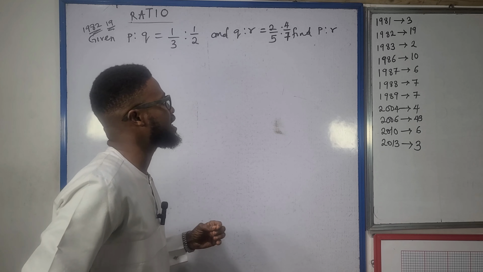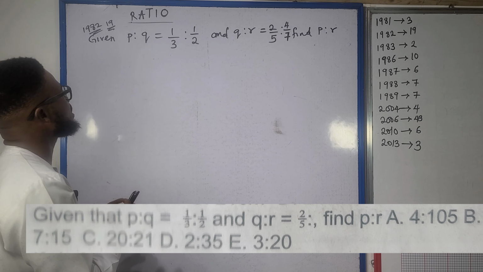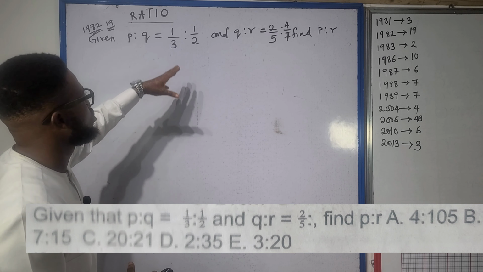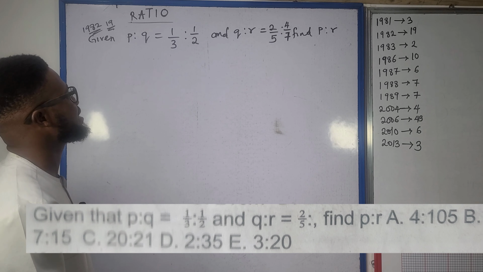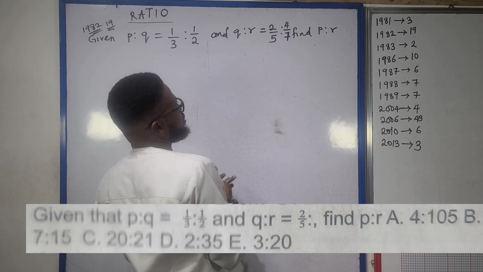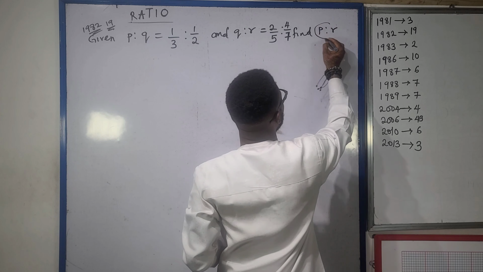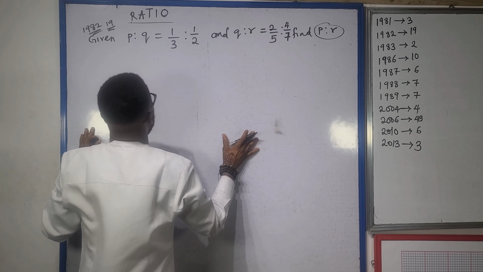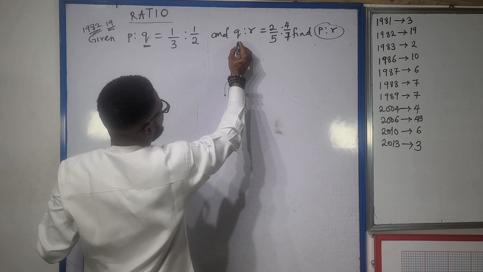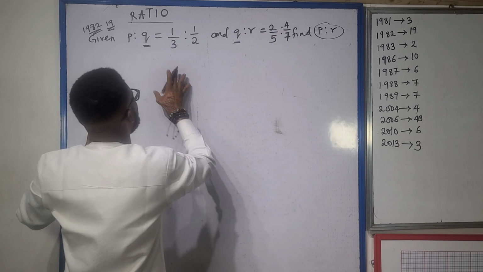Next question is UTME 1982 question 19. As you can see on your screen, it states: given P ratio Q equals 1 over 3 ratio 1 over 2, and Q ratio R equals 2 over 5 ratio 4 over 7, find P ratio R. The key when you have a question like this is to look for what is in the first ratio and what is also in the second ratio, so that we can make Q the subject in each case.